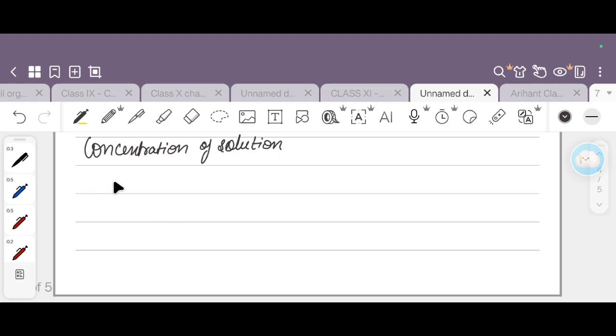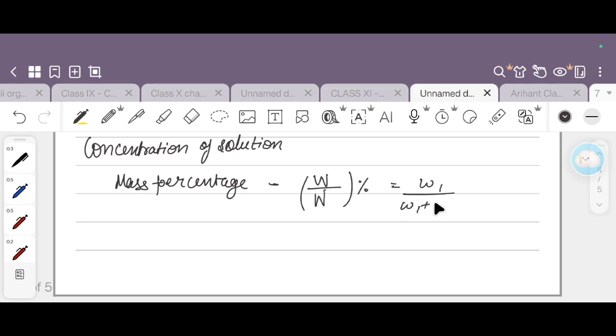Starting with the mass percentage, we define it as given mass upon the total mass, that is W1 upon W1 plus W2, into 100.